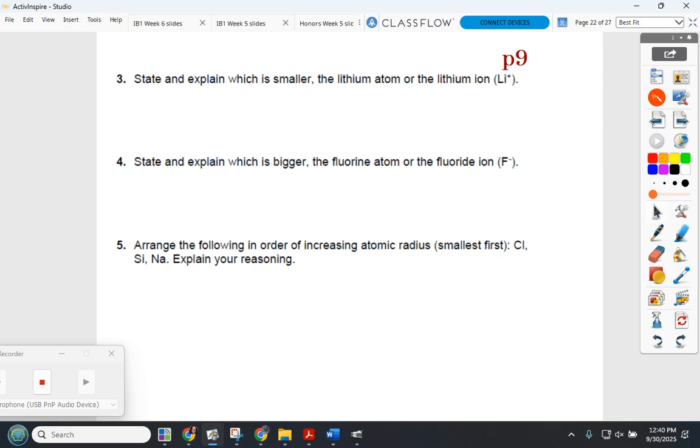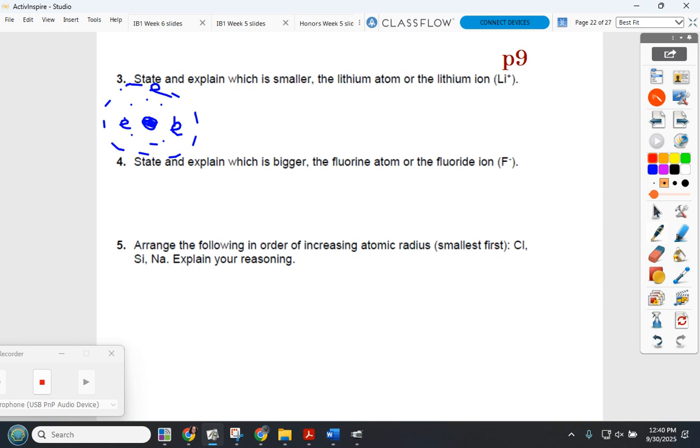If you think about a lithium atom, we're going to have our nucleus, our protons here, and we're going to have 2 electrons in energy level 1, and we're going to have 1 electron in energy level 2, right? The ion is going to remove that.